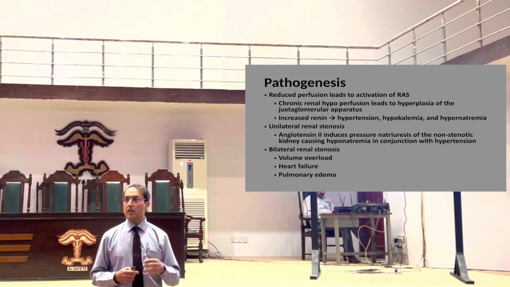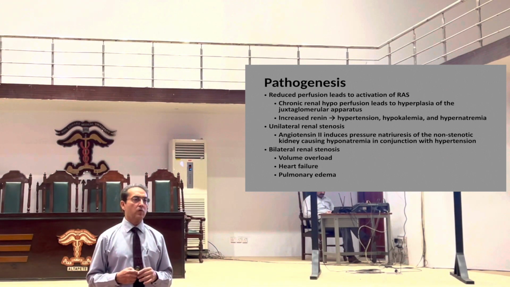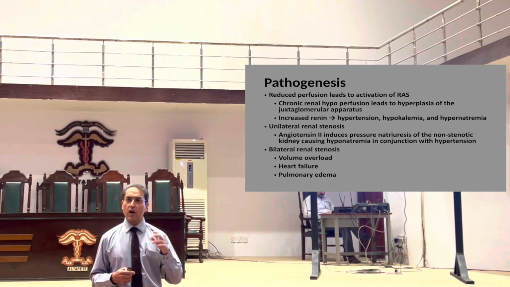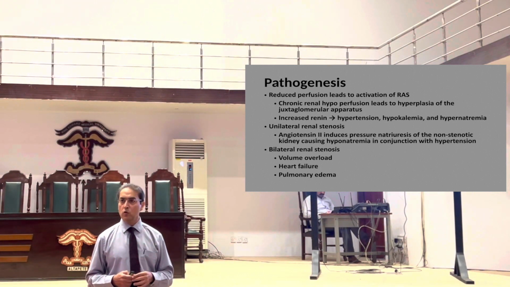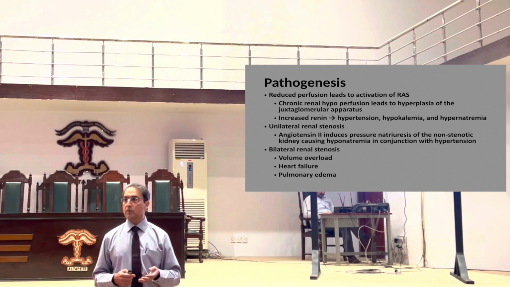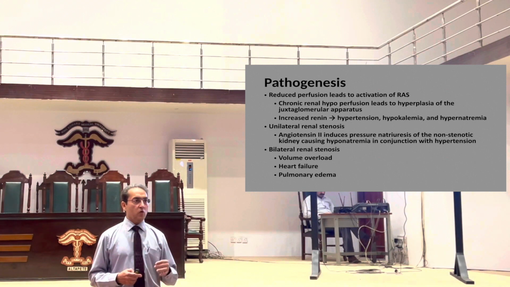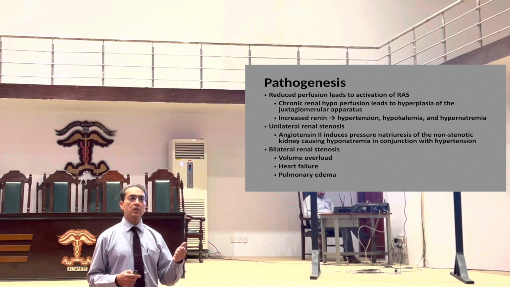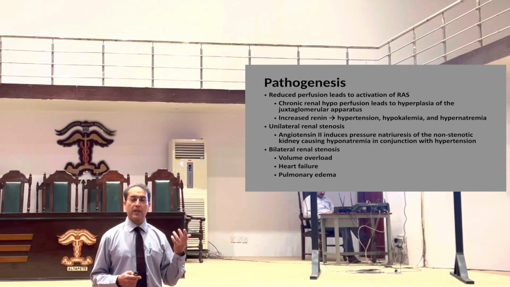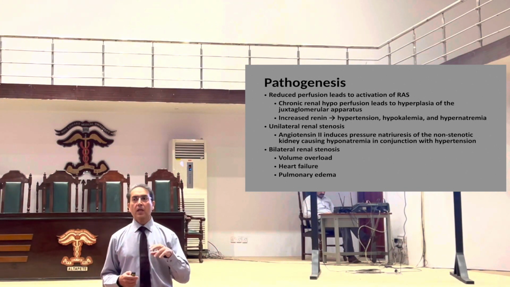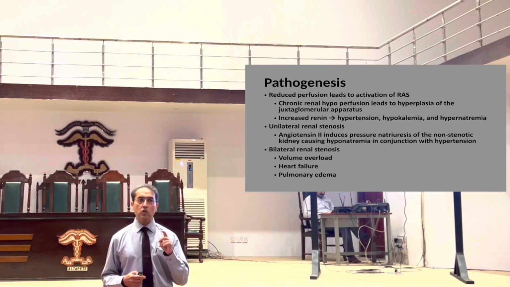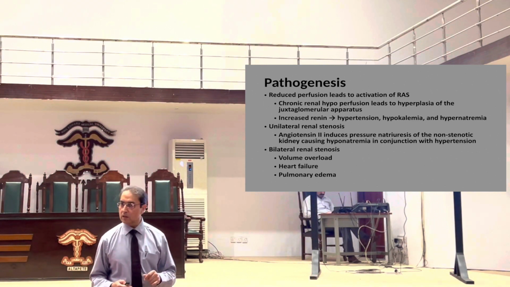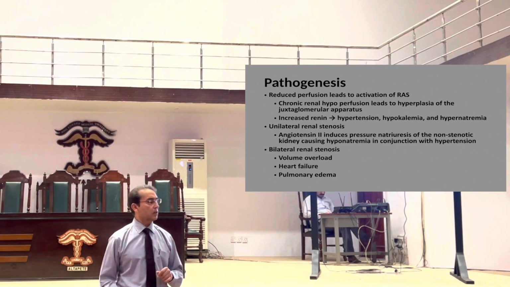The renin starts converting angiotensinogen to angiotensin 1, which is converted to angiotensin 2, and the blood pressure starts rising because angiotensin 2 causes vasoconstriction and production of aldosterone, which causes sodium retention. In addition, angiotensin 2 is also a very strong stimulus for what? Vasopressin.